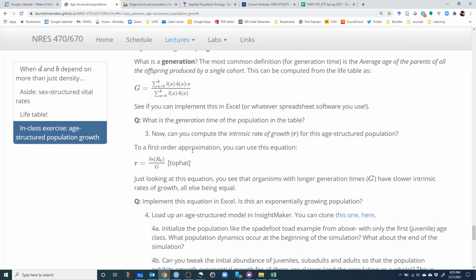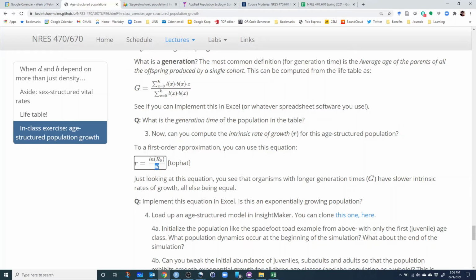And it also should make sense why we take the lifetime reproductive potential and divide it by generation time in order to estimate the intrinsic rate of growth, little r, because little r is also on the scale of a year or a time step, not on a generation time. So we have to account for not only the reproductive potential in this population, but also the time frame over which that reproduction is expected to occur.